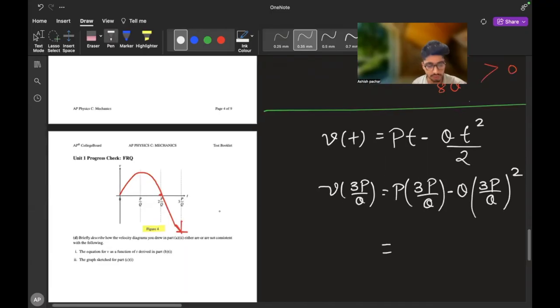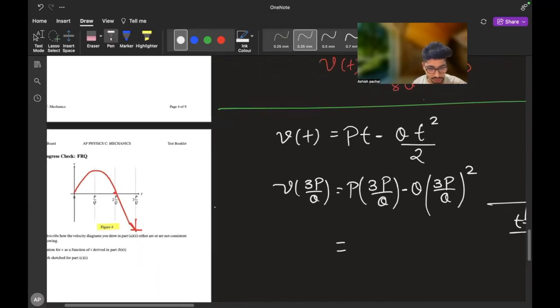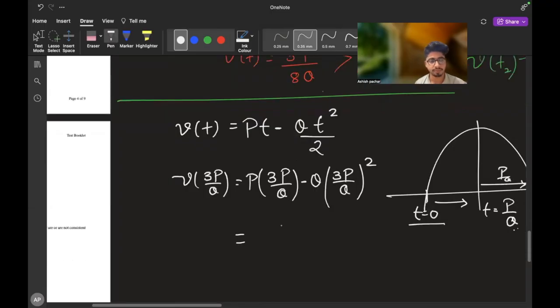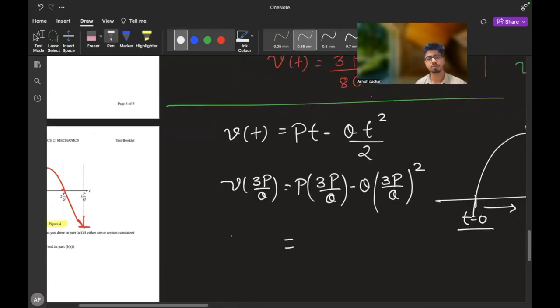I think... no, 2 is not there. Okay. No, no, this is the correct one. 3p by q, so you have to do it.